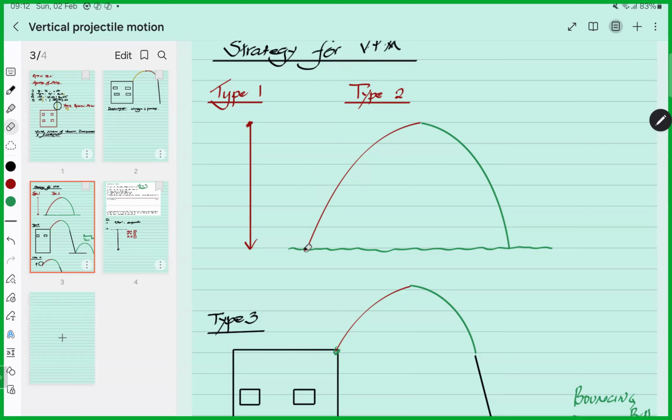So if you start here, all the displacements will be positive. Your velocities will be positive for going up and negative for coming down. And your acceleration, whether the object is going up or coming down, the acceleration due to gravity is always downwards.